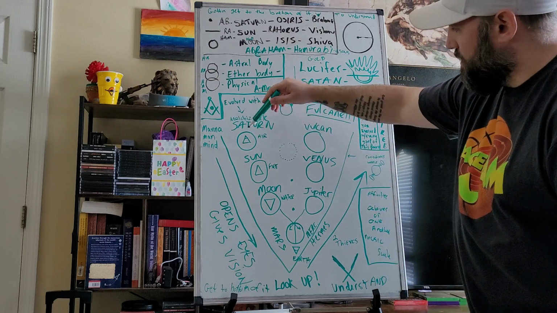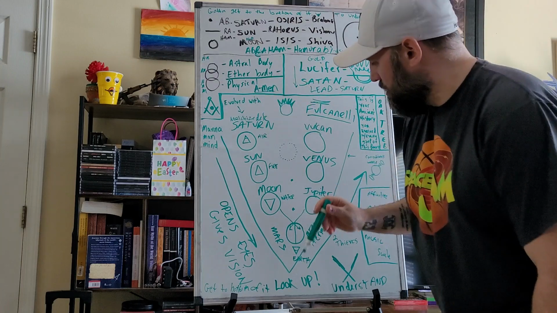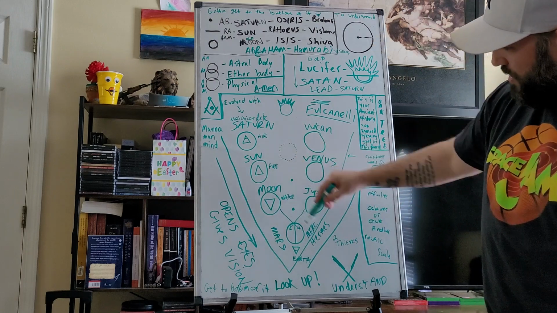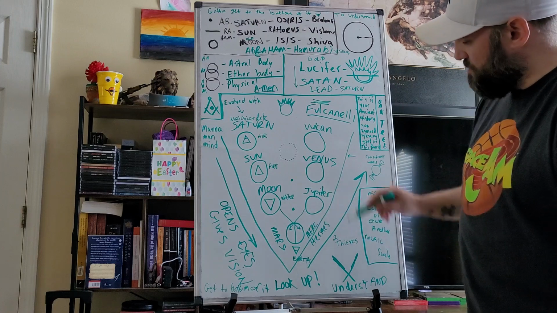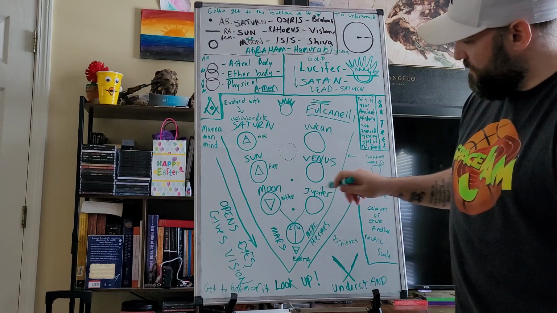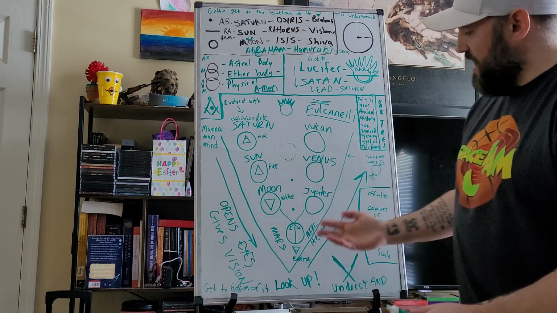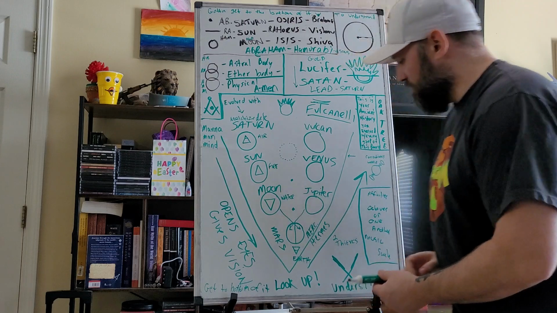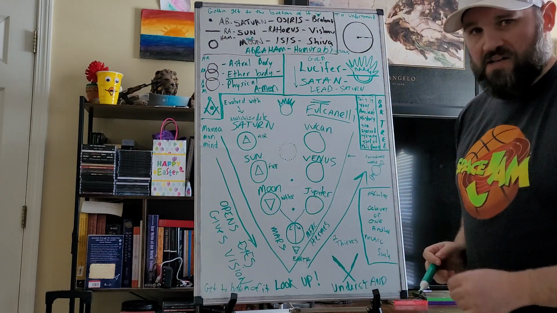So we've got here Saturn and Vulcan are parallels, Sun and Venus are parallels, but the Moon and Mercury are parallels, and then Mars and Jupiter are parallels because Jupiter is a fiery planet. It has those attributes, same attributes with Mars, but it's a higher gradation of Mars. And then the Moon and Mercury has a watery aspect to it.